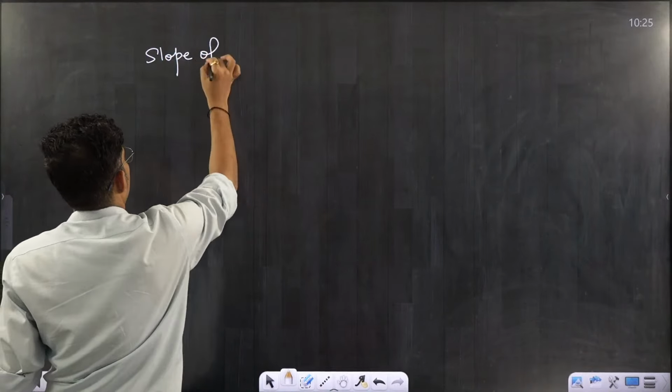Basically this word slope simply says what angle the line is making with horizontal. If the angle made by a line with horizontal is known, then it gives you the ratio of how much vertical you went with respect to horizontal. So how we use the slope of a straight line, just understand.